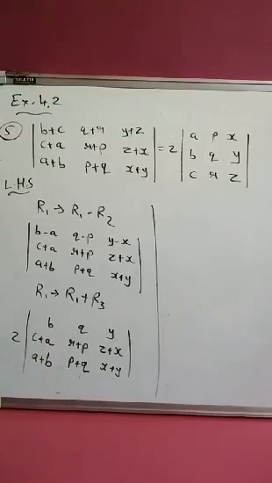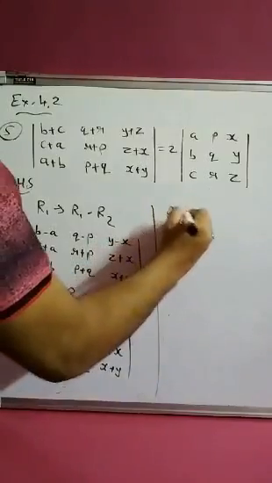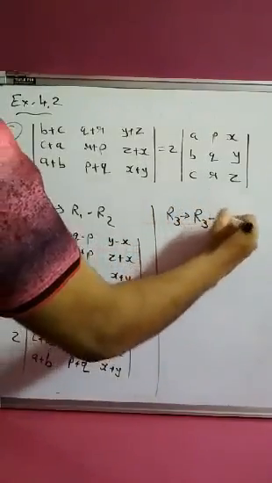How will you remove it? So what are you going to do? Row 3 minus row 1. After this, we are going to do row 3 as row 3 minus row 1.